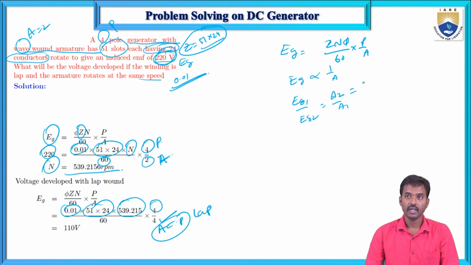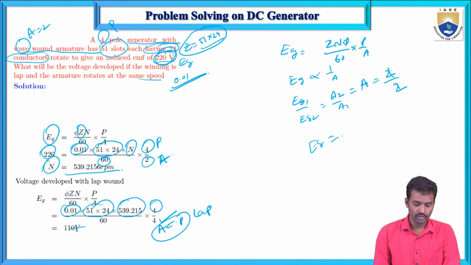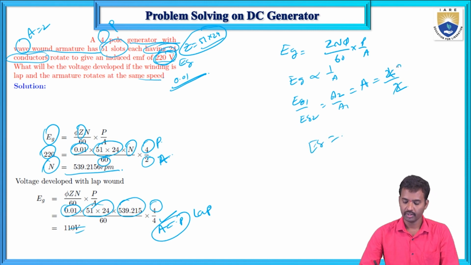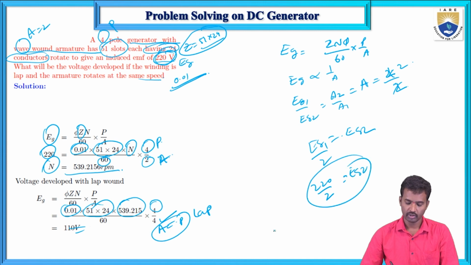A2 is for A equals P, that is 4, and A1 is 2. So Eg2 equals 220 by 2, that equals 110 volts.